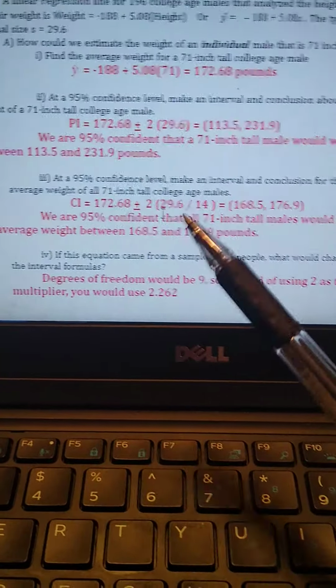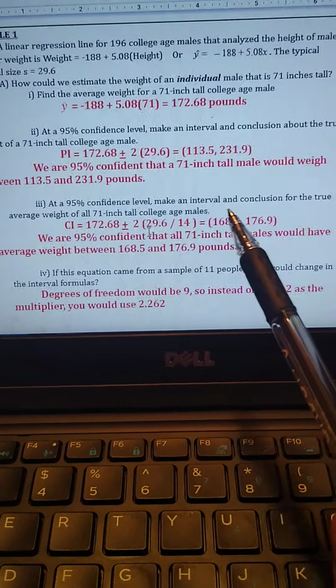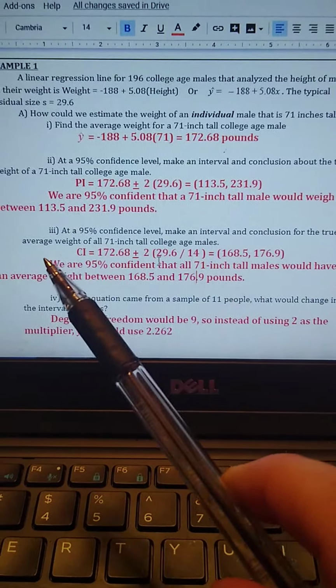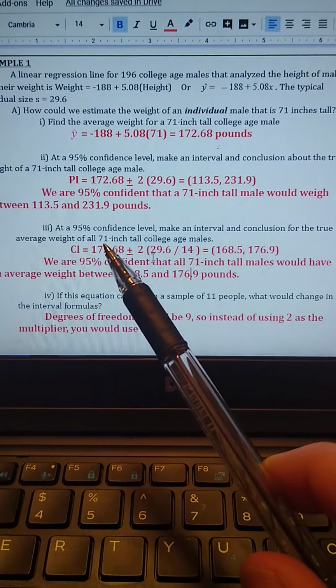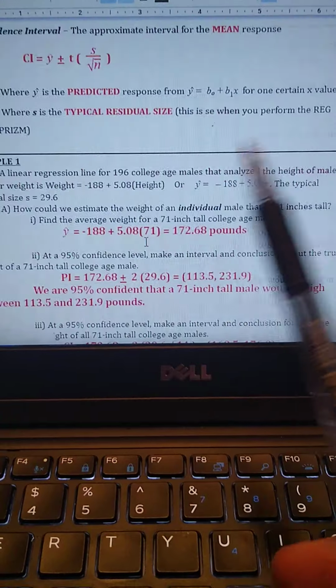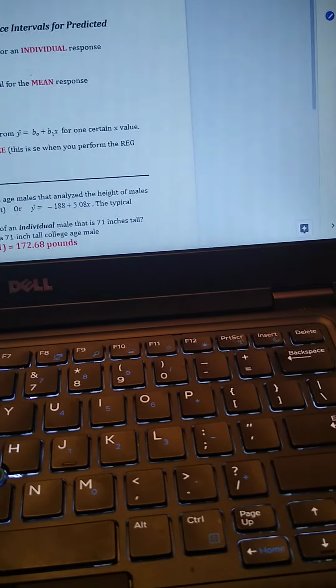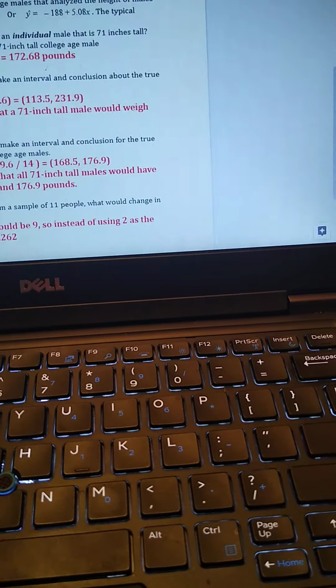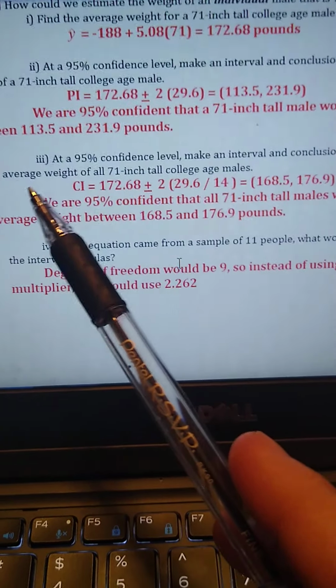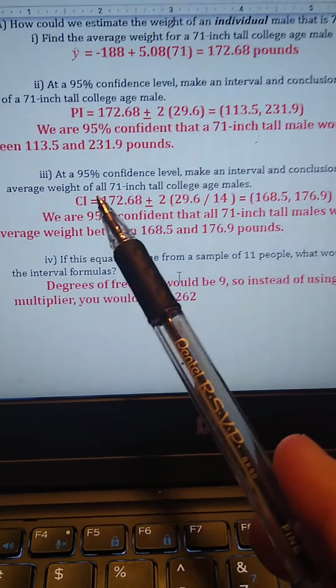Now we're going to do a 95% confidence level. We're going to make an interval and conclusion for the true average weight, the mean weight of all of them. So we're doing it for every single college-age male who's 71 inches tall. So what I'm going to take is a confidence interval, because we're doing it for the mean for all of them, not just one individual.